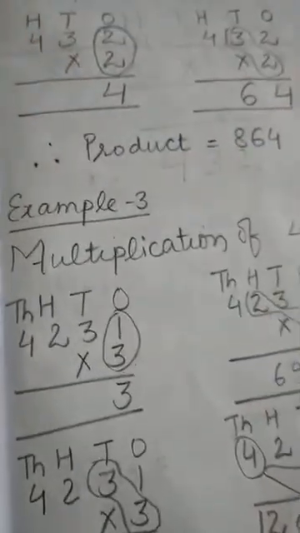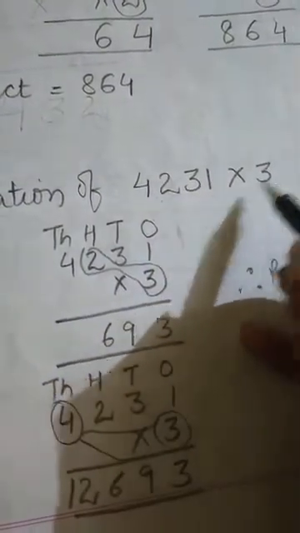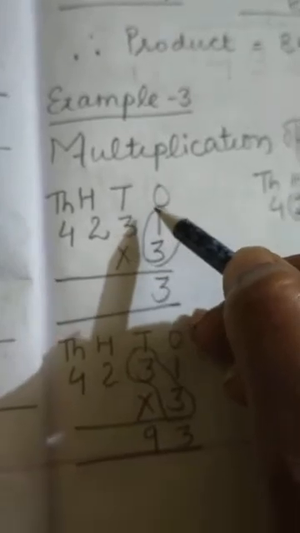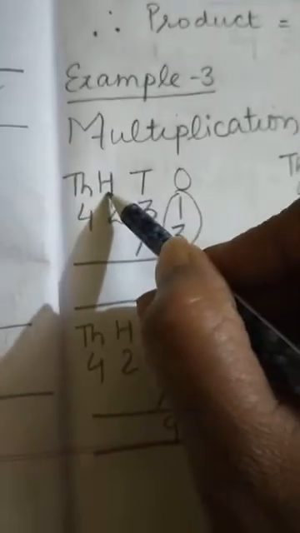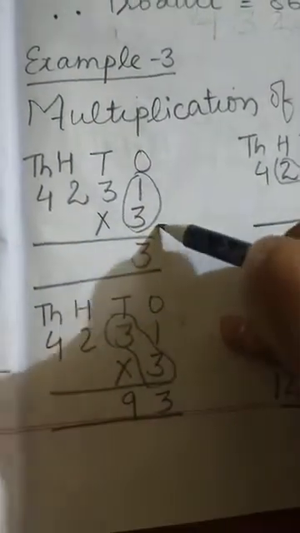See one more example relating to this. Multiplication of 4231 by 3. Firstly, we will write the digits according to the places: ones, tens, hundreds, thousands. 4231 multiplied by 3.